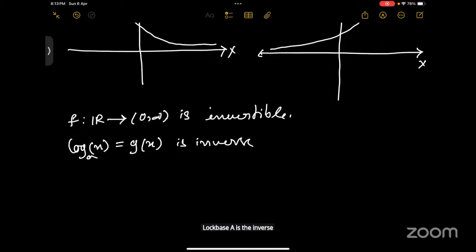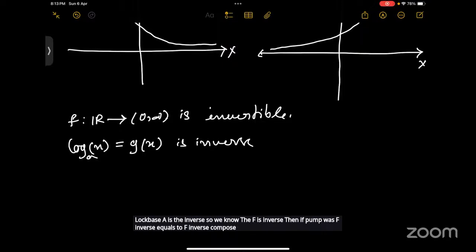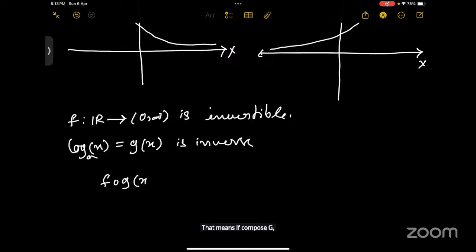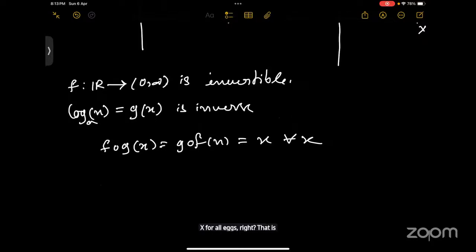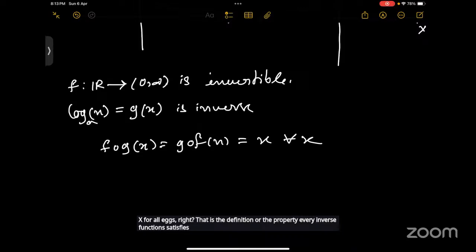So we know if f is invertible, then f compose f inverse equals f inverse compose f equals the identity function, right? That means f compose g of x equals g compose f of x equals x for all x. That is the property every inverse function satisfies, right? So here our g is the logarithmic function and f is the exponential function.